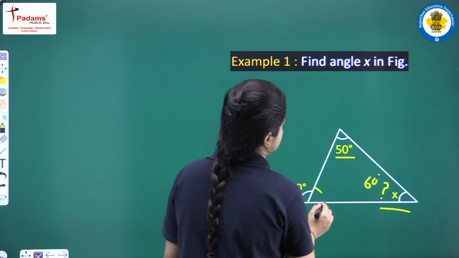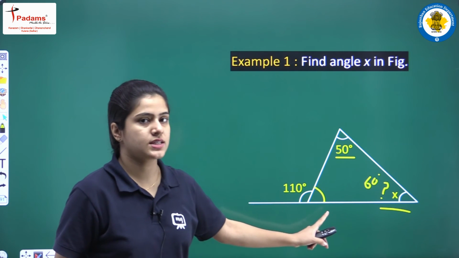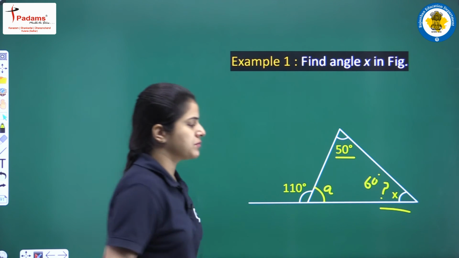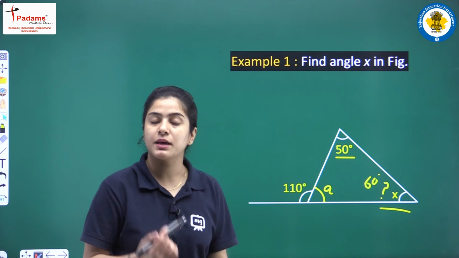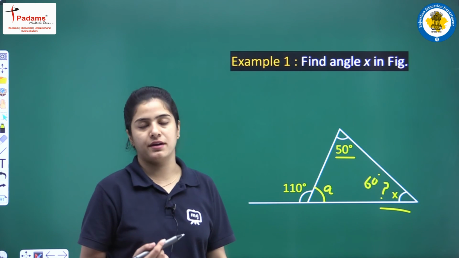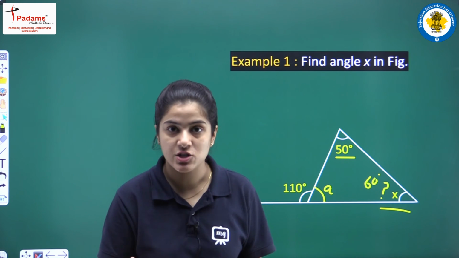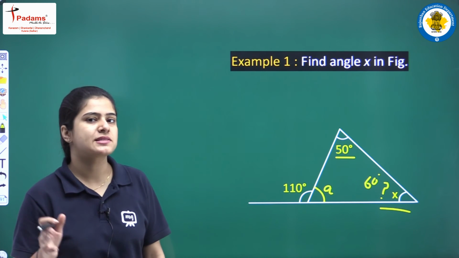For this, students, let the angle that is adjacent to this 110 degree be called A. Okay, have a look, students. 110 degree plus A is equals to 180 degree because they are forming the linear pair. Linear pair that is formed on the straight line, that the angles are adjacent, then the angles should be supplementary. Okay, that their sum is equals to 180 degree.